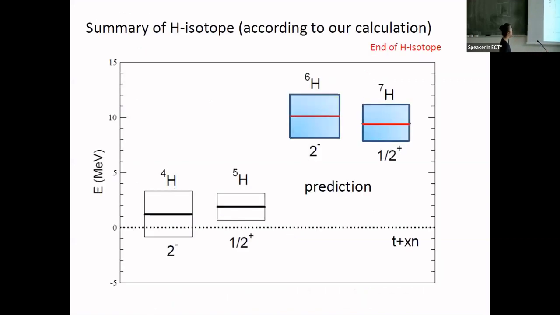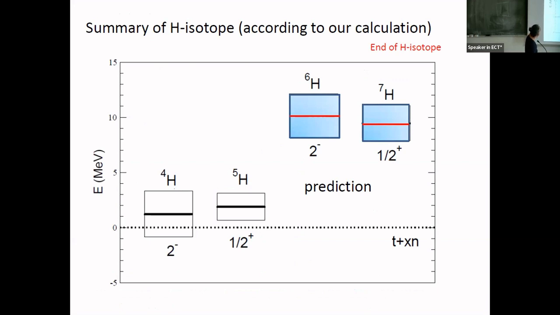Okay, and this is a summary of the hydrogen isotopes according to our calculation. Here is hydrogen 7, and you can see this box is the decay width, and this is the energy. For hydrogen 7, we have a very broad resonance, and this is hydrogen 5, and we also calculated hydrogen 6.